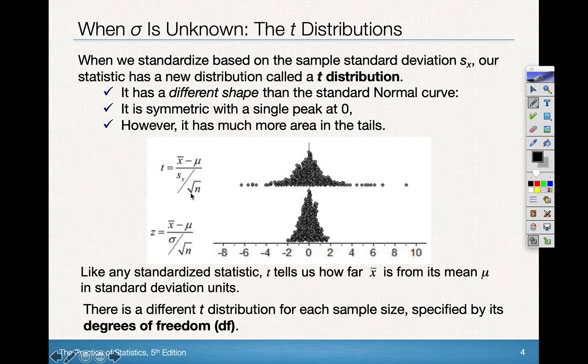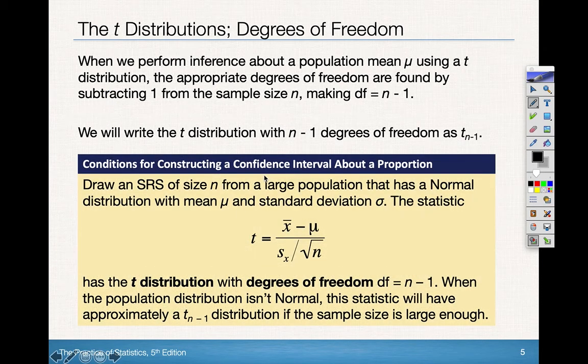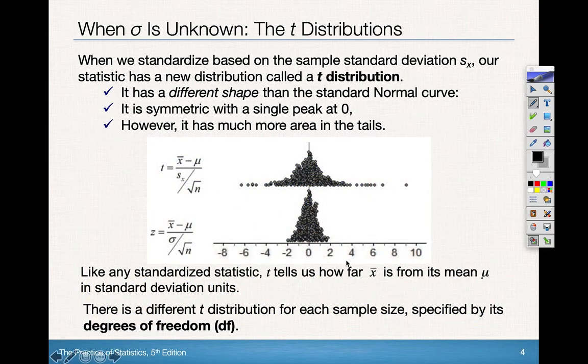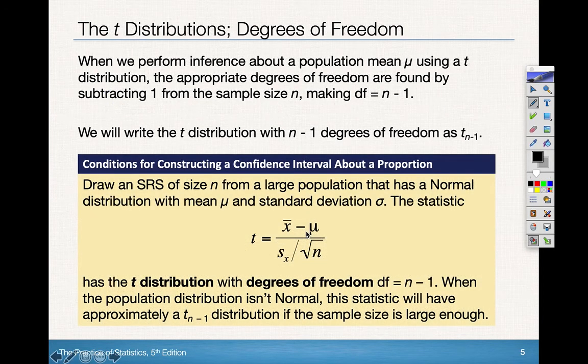So for every sample size, if the sample size is really small, you have a lot more unknown. So the t-distribution will give more area at the tails. When the sample size is larger, the t-distribution will get closer to a normal distribution because the bigger the sample size, the more you know, and the more you know, the closer the distribution can get to the normal curve. How do I get degrees of freedom?